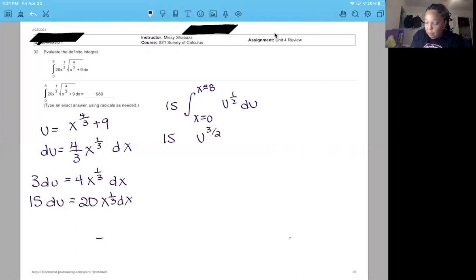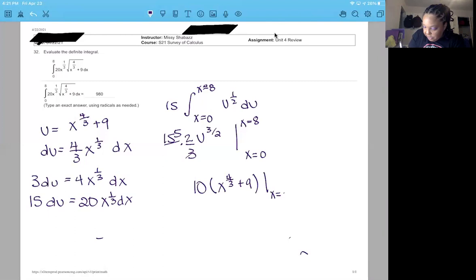Let's multiply by the reciprocal of 3/2, which is 2/3, from x equals 0 to x equals 8. 3 goes into 15 5 times, so I get a 10, plug back in my u, x to the 4/3 plus 9, from x equals 0 to x equals 8.